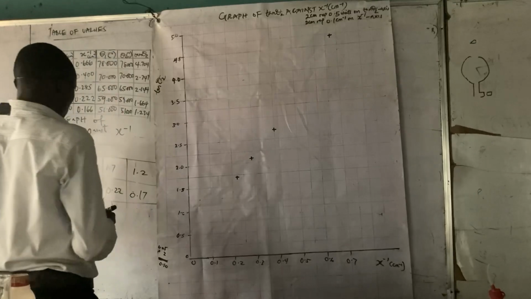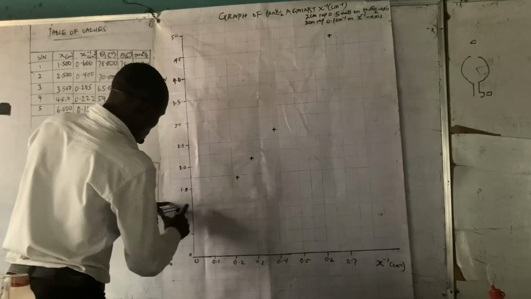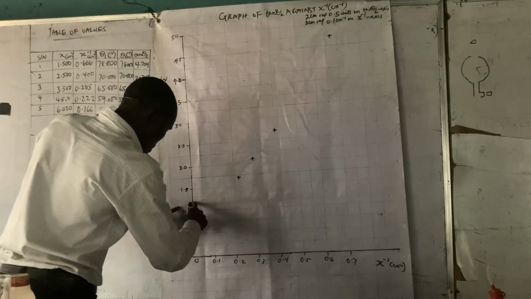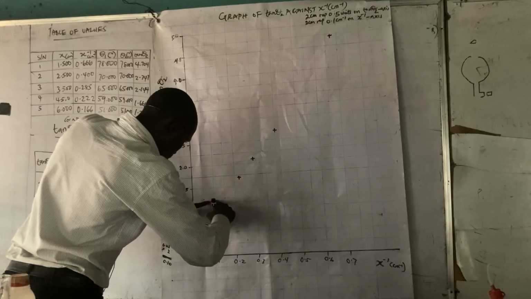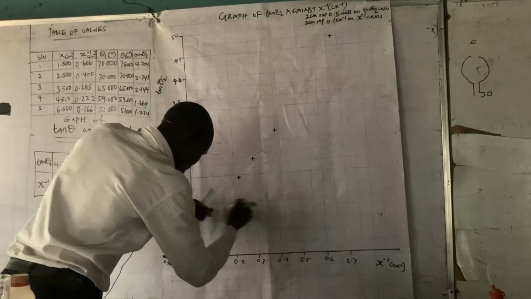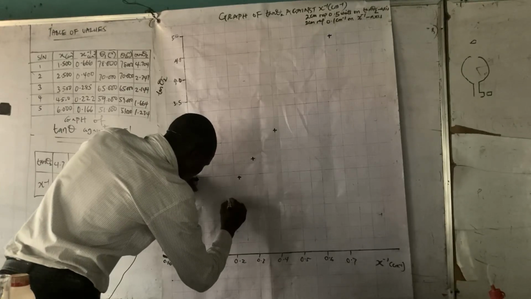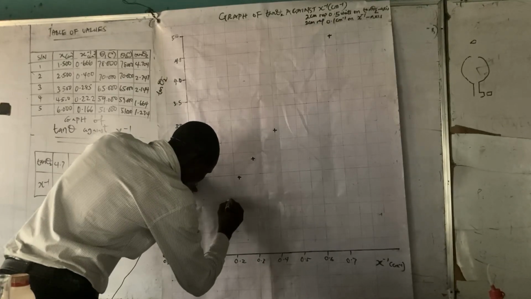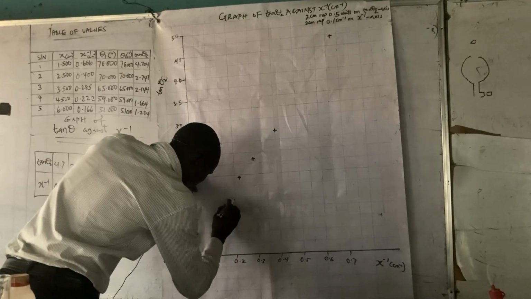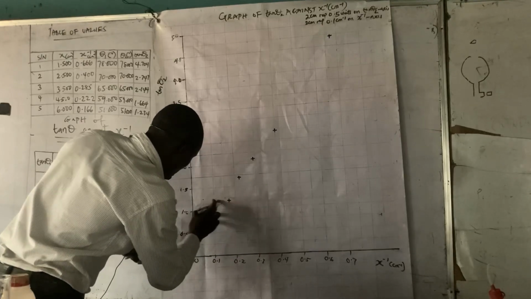And the last one, okay. 1.2 against 0.17. 1.2, 1.1, 1.2 against 0.17. We have another point. 0.17 is there against 1.2.